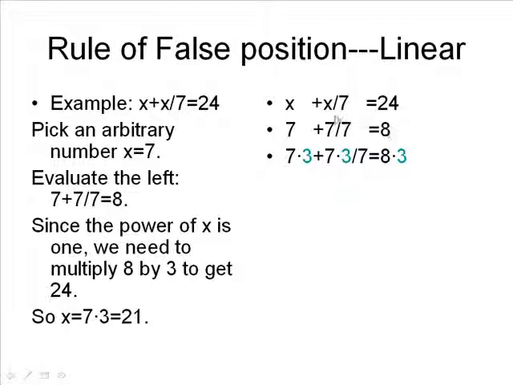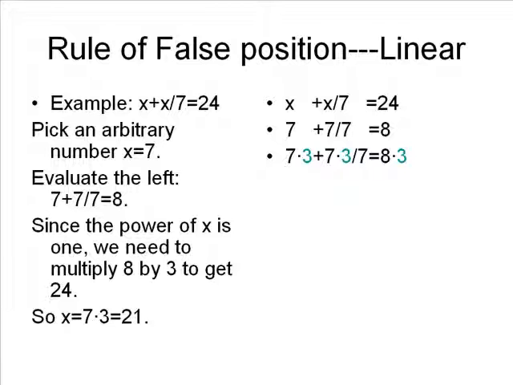And notice this is a linear equation. Every x has degree 1. So if we multiply x by 3, then the first term x is tripled, and the second term x over 7 is also tripled, like we see here. So of course the right side is also tripled.